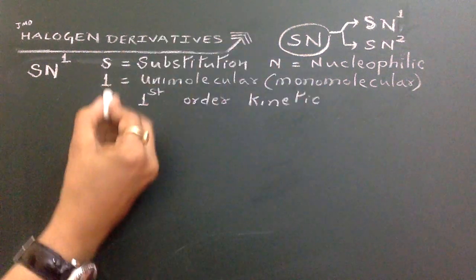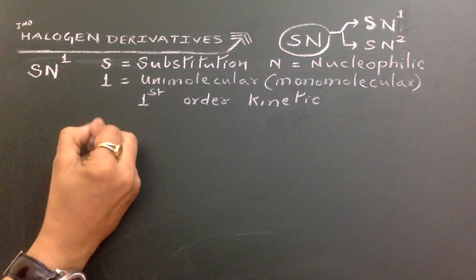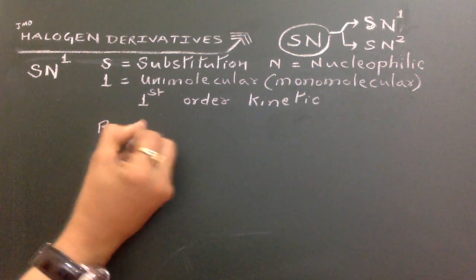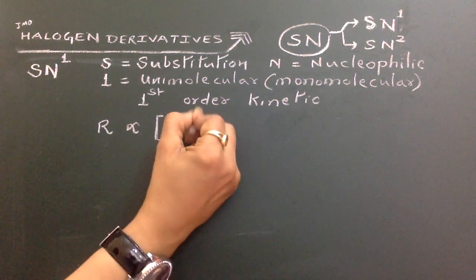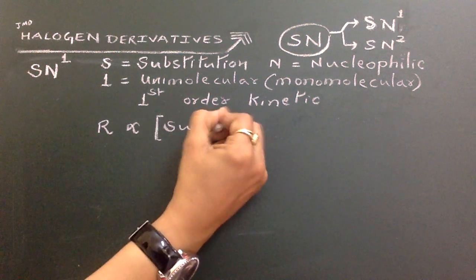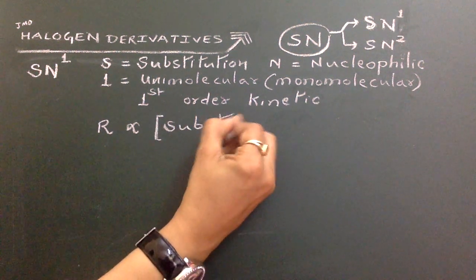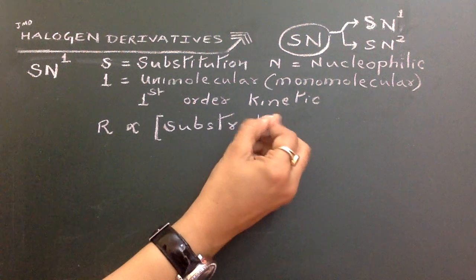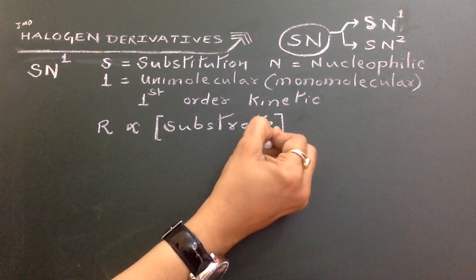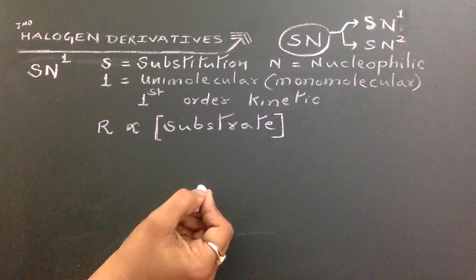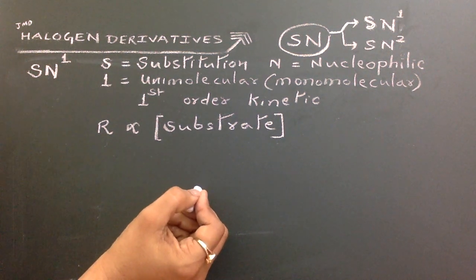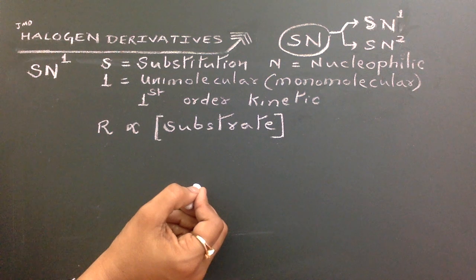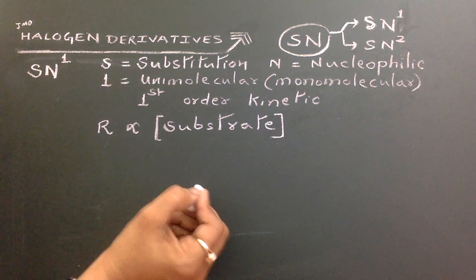By first order kinetics we mean that the rate of this reaction will be directly proportional only to the molar concentration, that is moles per liter, or the active mass of the substrate. And students, I hope you know what the substrate is over here. Obviously it is the haloalkane, because I gave you that when we began. You can move back and check if you don't remember.